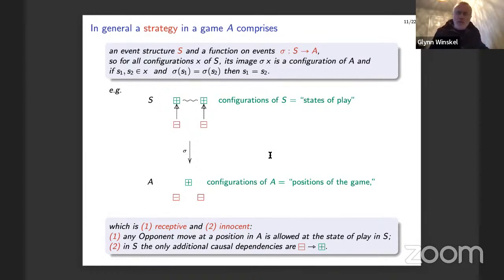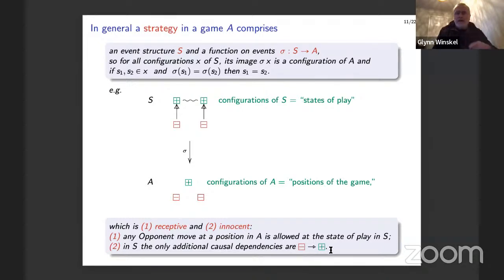But that's not all we'll need for a strategy. It should be receptive and innocent, in the sense that we don't want player to be able to unduly influence the moves that opponent can make beyond the constraints of the game. So, somewhat informally, an opponent move at a position in A is allowed at the state if you're in a state of play and you look at the corresponding position, and if the game says opponent can move, then you better allow that also in the state of play.